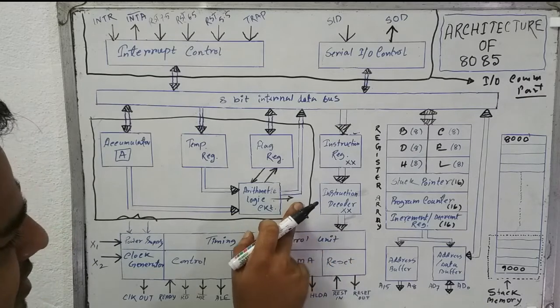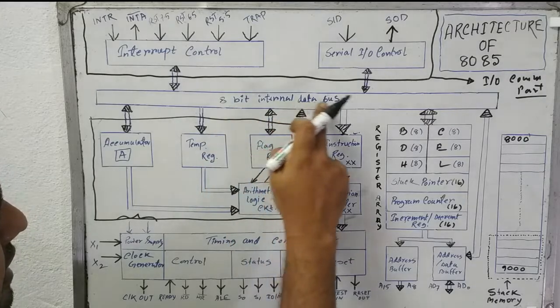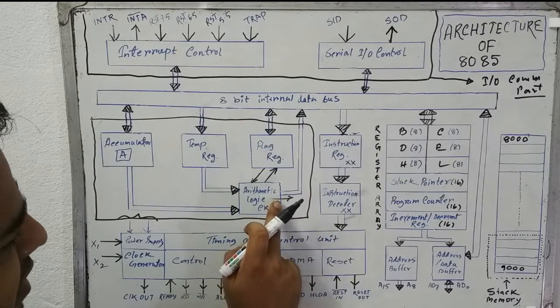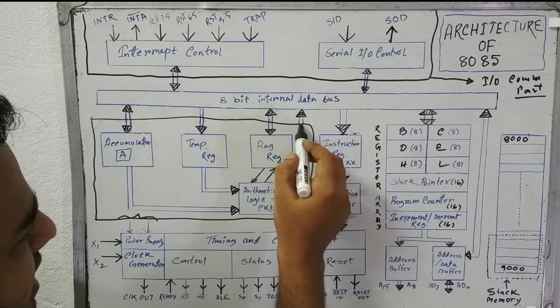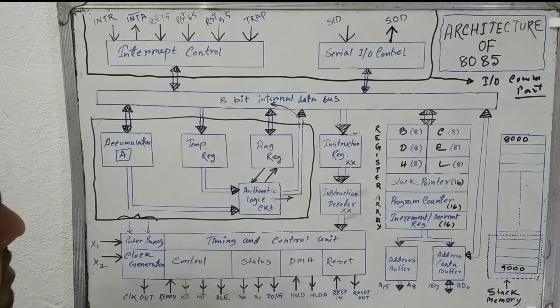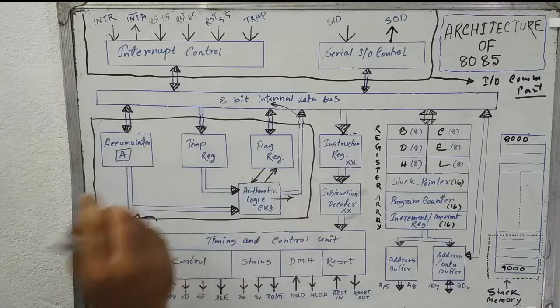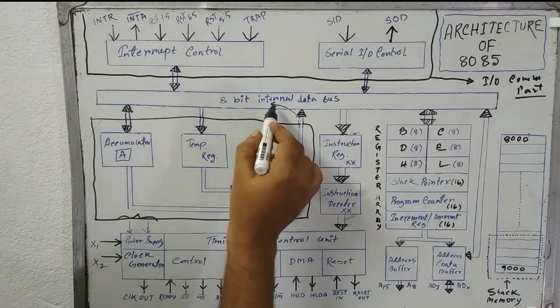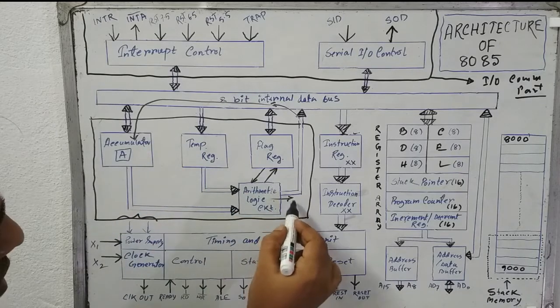Then this arithmetic logic circuit places the result value into the internal bus that you can see here. This is the internal bus connected to the internal data bus. So it will place the result value into the internal bus, then the internal bus will place that result value into the 8-bit internal data bus. Then the 8-bit internal data bus will store that particular result value to the accumulator that you can see over here.